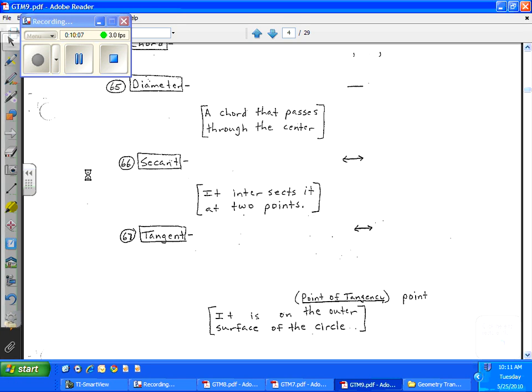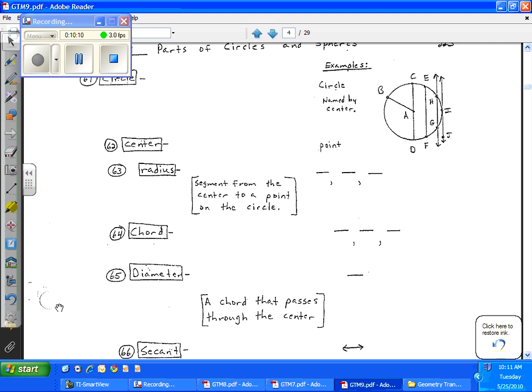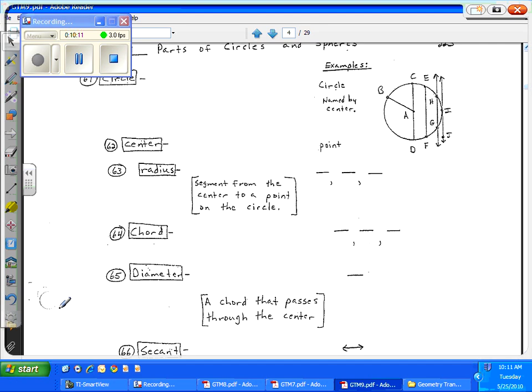Tangent. A tangent is a line that lies in the plane of a circle and intersects the circle in one point. Now, it means it's not coming in here crooked. It lies in the same flat surface as the circle.